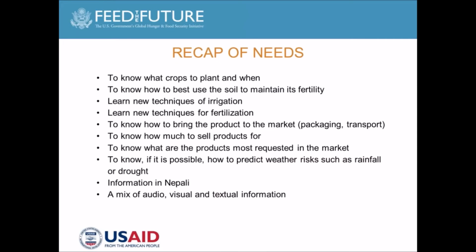So to recap all the needs that we heard about, both farmers and extension services in Nepal require information to know what crops to plant and when, to know how to best use the soil to maintain its fertility, to learn new techniques for fertilization, to know how to bring the product to the market, and that means packaging, transport, etc. To know how much to sell the products for, to know what the most requested products in the market are, to know, if it's possible, how to predict weather risks such as rainfall or drought.